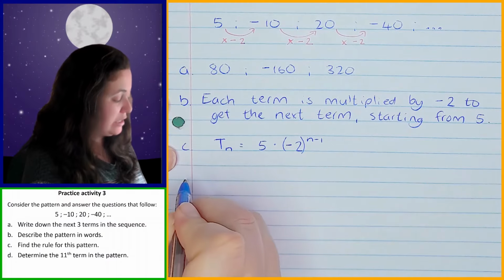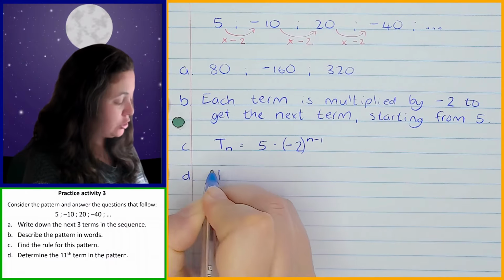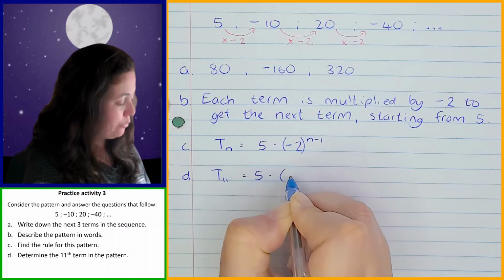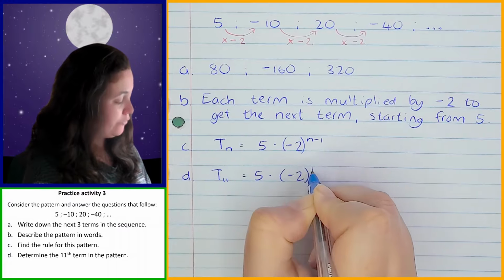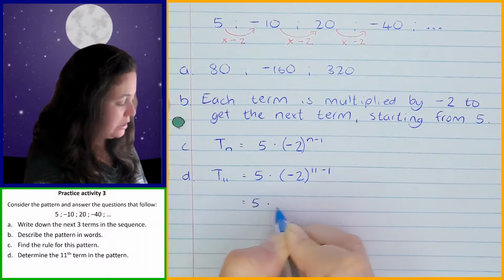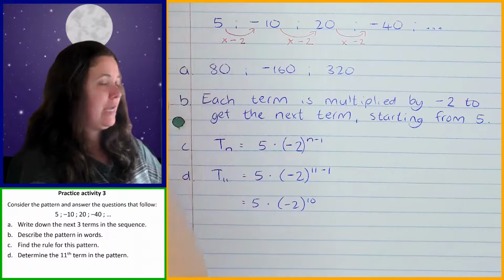Okay, so question D, we now need to go and work out what the 11th term in the pattern is. So T11 is equal to 5 times, in brackets, negative 2 to the power of 11 minus 1. That is the same as 5 times negative 2 to the power of 10. So now we go and work that out.